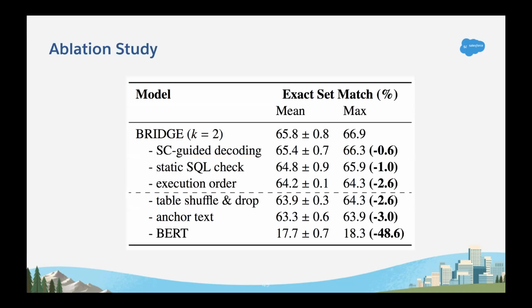We're also doing an ablation study to analyze the different component contributions for this BRIDGE model. We found that if we remove BERT and only have the bi-LSTM with the LSTM pointer-generator decoder, we only get a 48% decrease, but that's not surprising because that is a very traditional sequence-to-sequence model.